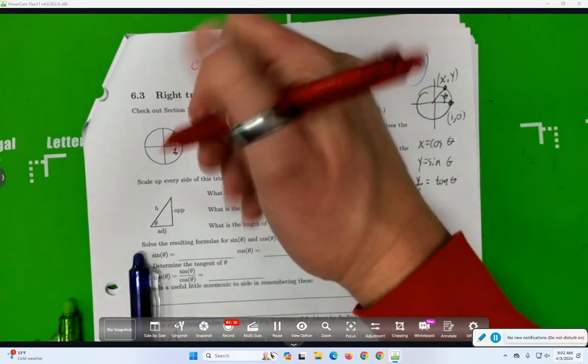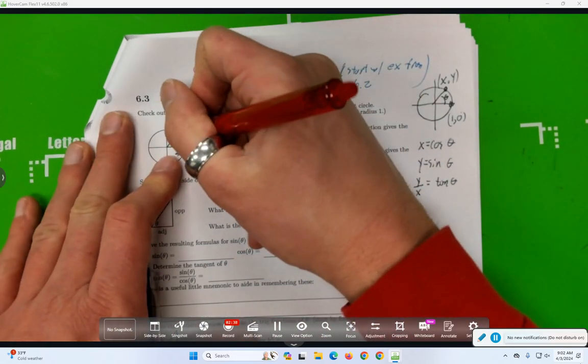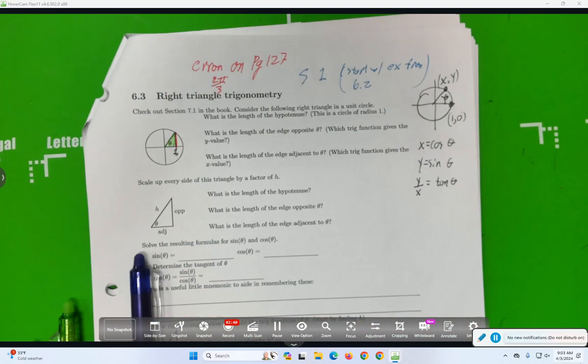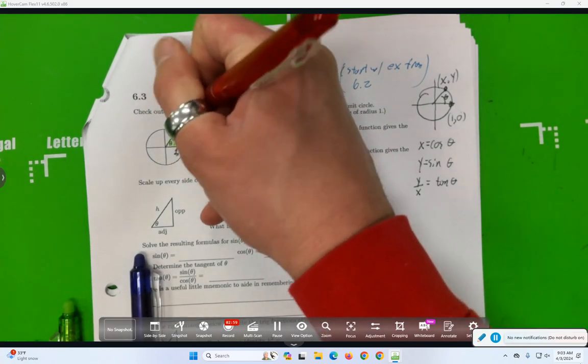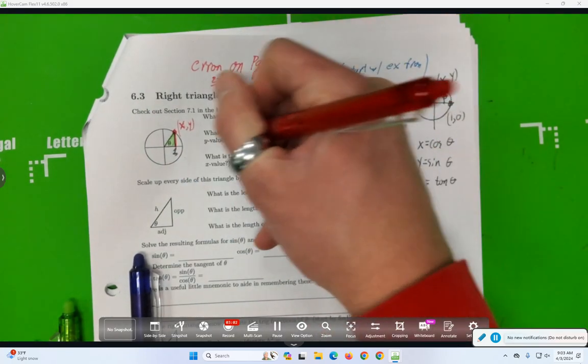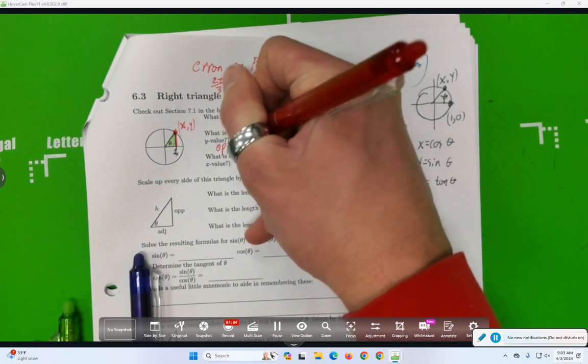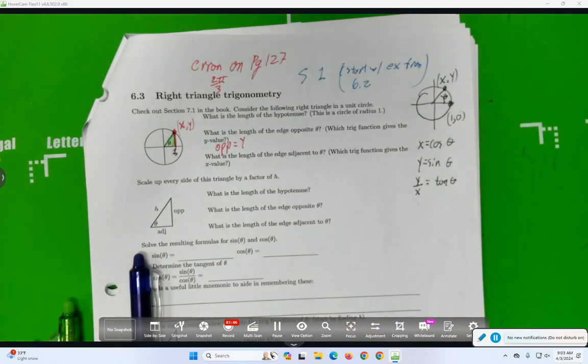By looking at this triangle, what's the length of that y value? What's the length of that vertical side? Well, it's whatever the y value of that point on top of it is. So if this point up here is x, y, then that opposite edge is the same as the y value.